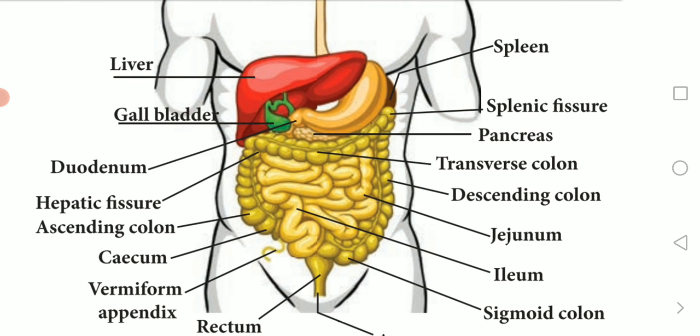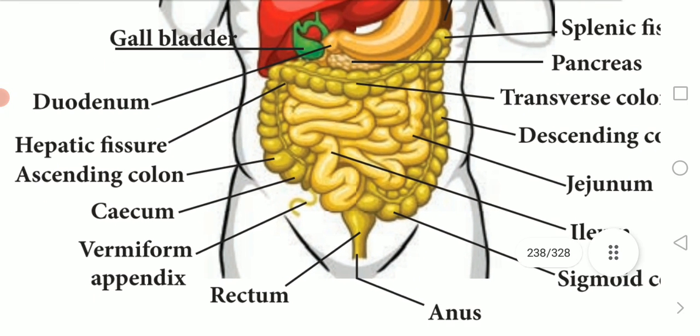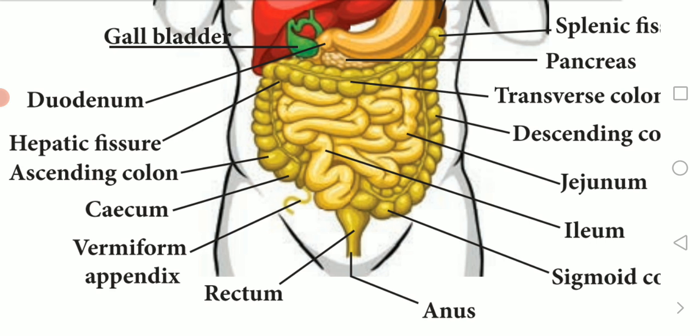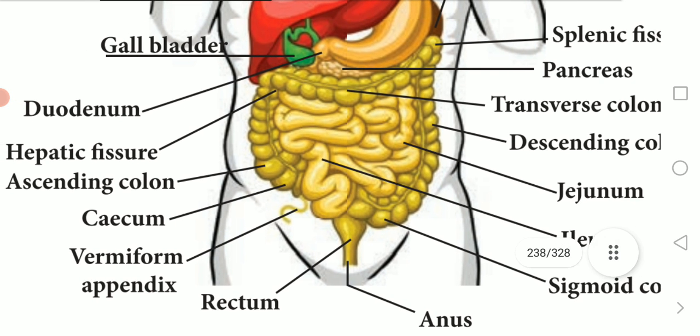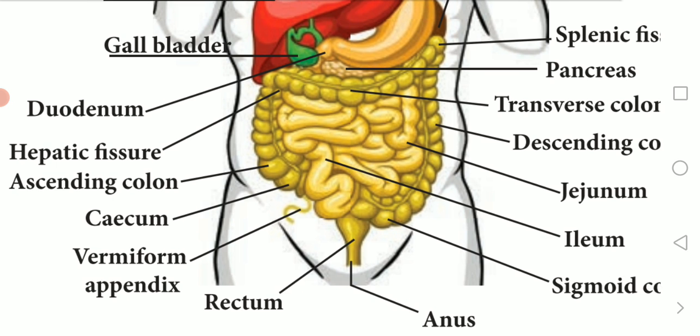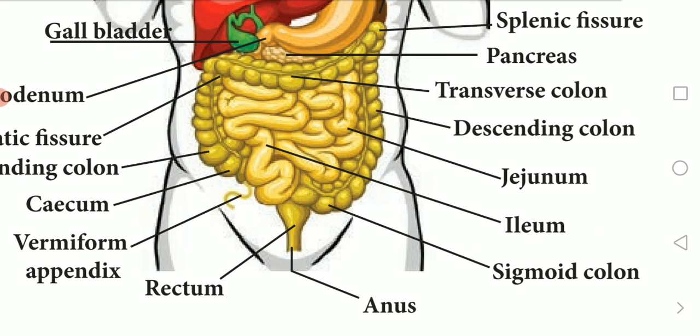splenic fissure, gallbladder, pancreas, duodenum, hepatic fissure, then ascending colon, transverse colon, descending colon, jejunum, ileum, sigmoid colon, anus, rectum, and vermiform appendix.